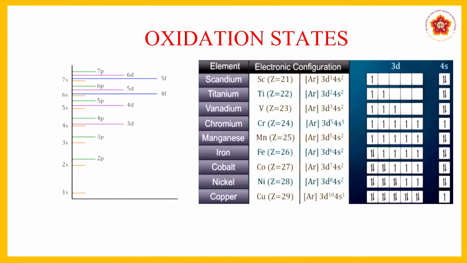And then you have a table where scandium, titanium, vanadium, chromium till copper we have shown. Zinc we have purposefully excluded because it is not part of a transition element. You can see that the oxidation states are divided according to the electrons that are being presented in those cases.